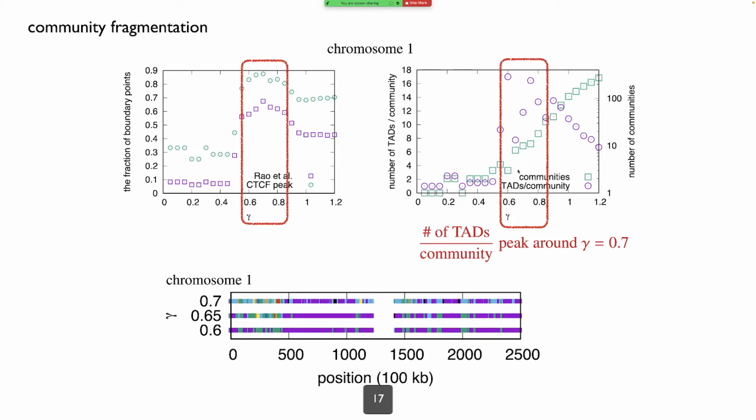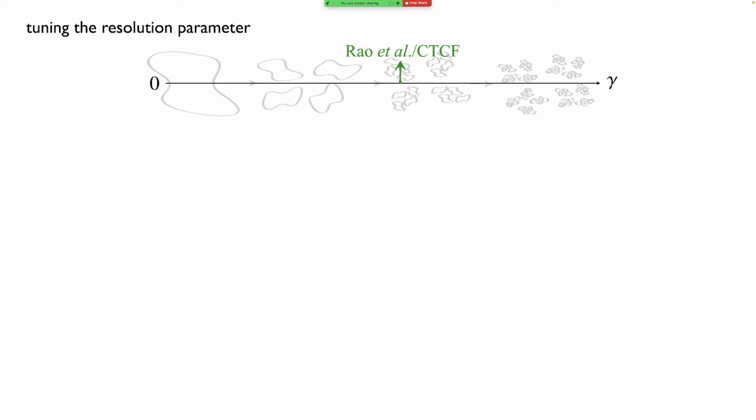So we suggest the TADs are kind of the most fragmented communities, after normalization, as you can see from the fragmented colors in this example here. So we successfully recovered this TAD structure at this particular range of gamma. Then what about the other ranges of gamma or resolution?